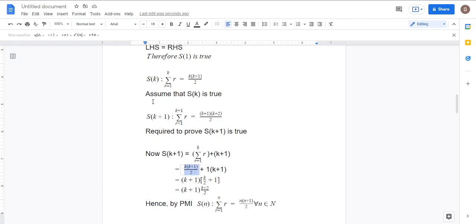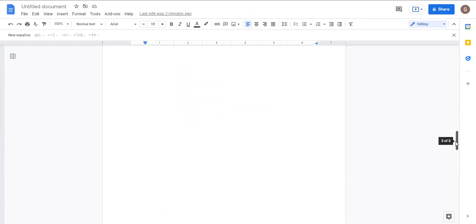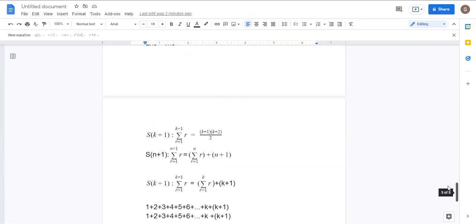After we assume, we state what we actually need to prove, which is S of k plus 1. We replace n with k plus 1 whenever we saw it, and we're required to prove that. Now we did the actual proof. As I was explaining down here, we can rewrite the summation like this.